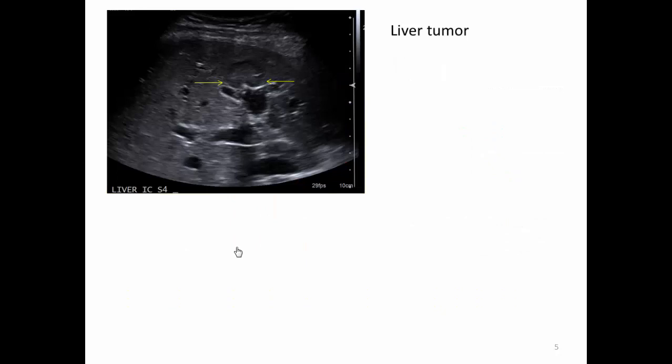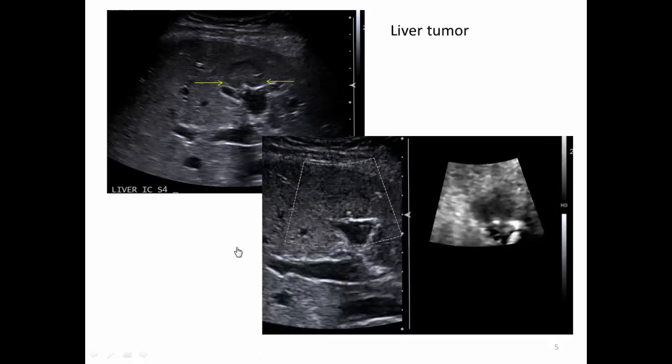And liver elastography provides us a way to explore the stiffness of the liver. In the image, we can see there is a tumor sitting in the left lobe of the liver.